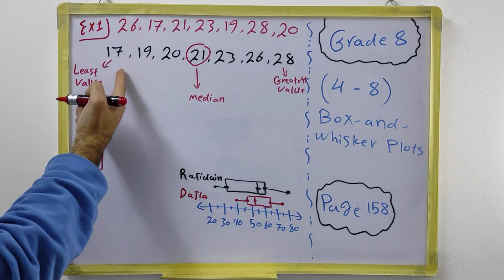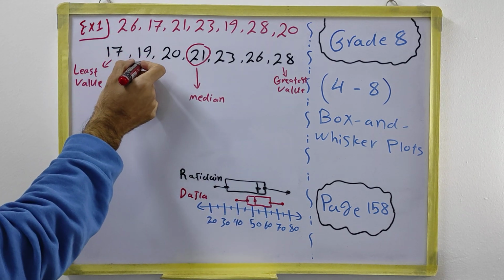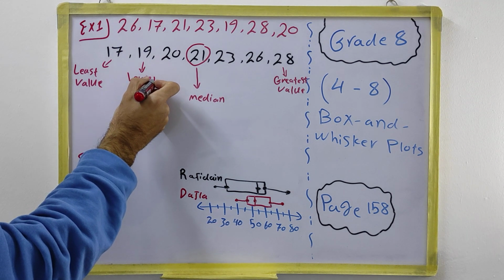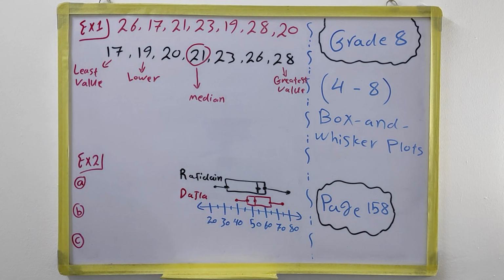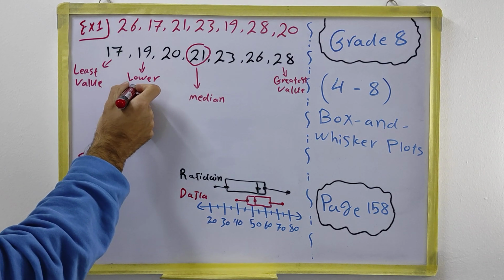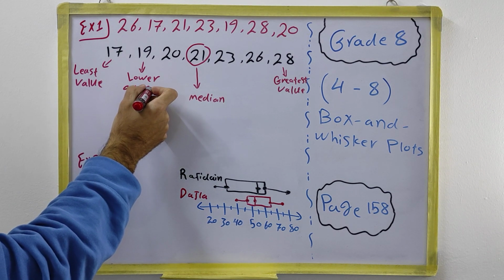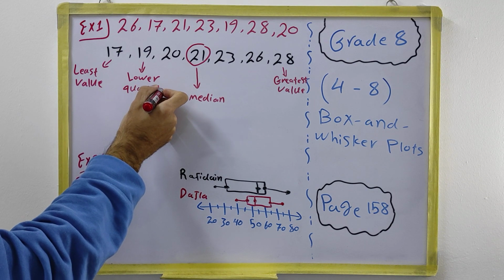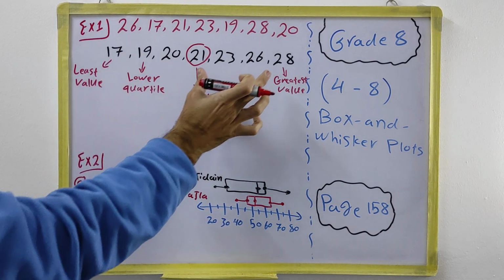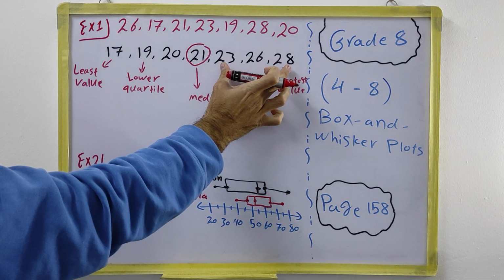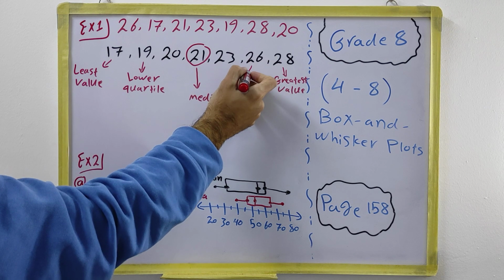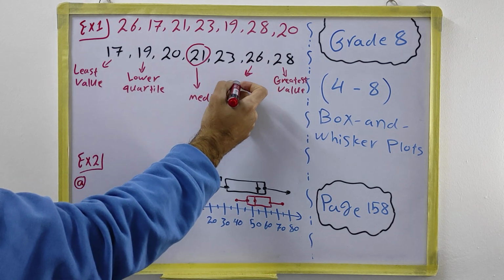The median of this part, which has 3 numbers, would be the lower quartile, or we can say first quartile. Lower or first, same. The median for this part would be the upper quartile, which is 26.